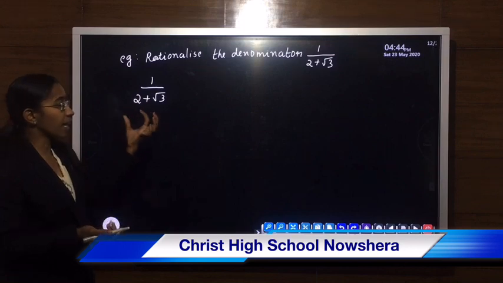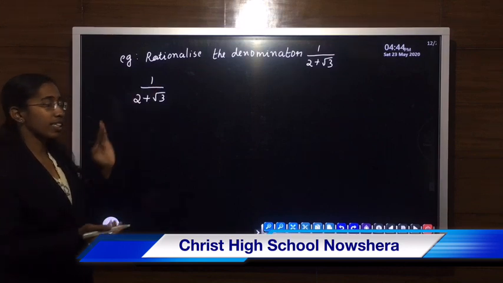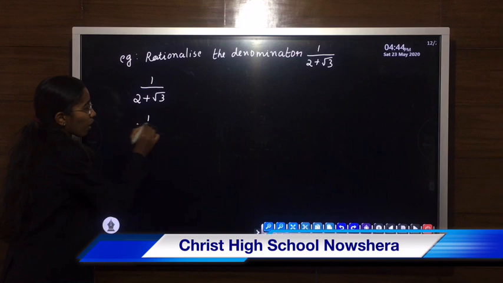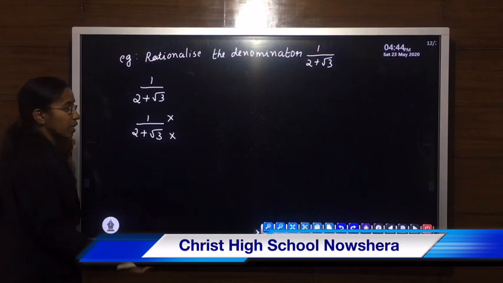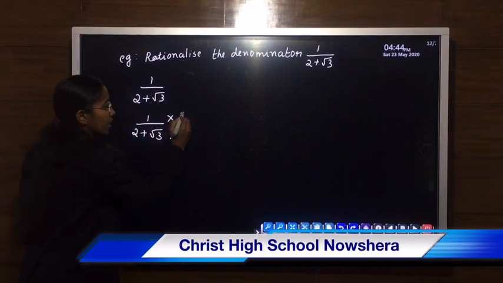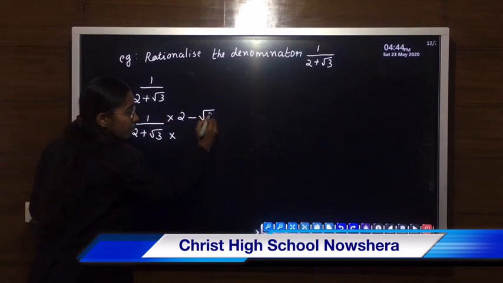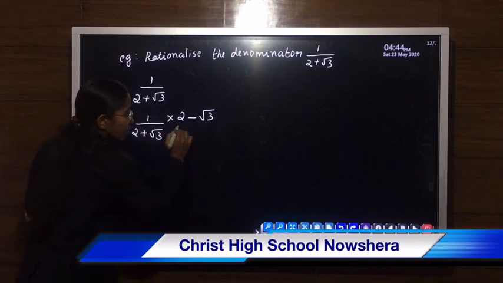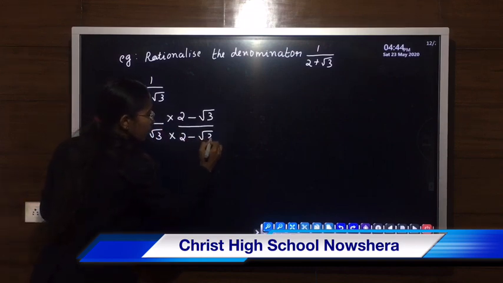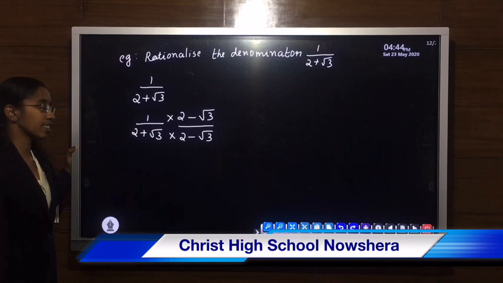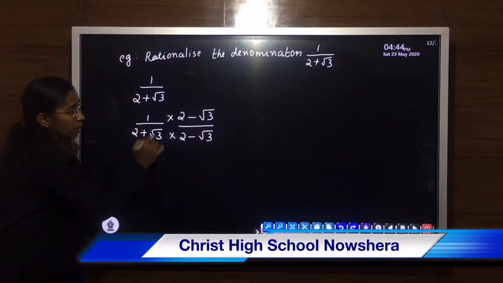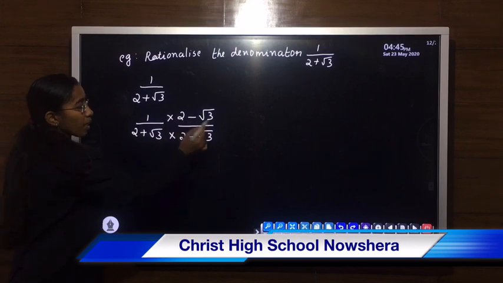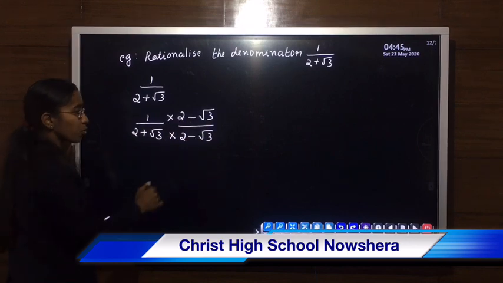Take that one and multiply both the numerator and the denominator. That is 1 by 2 plus root 3, and multiply both numerator and denominator with the reverse operation, that is 2 minus root 3. This is our first step. Now this becomes 1 divided by 2 plus root 3 into 2 minus root 3 divided by 2 minus root 3.